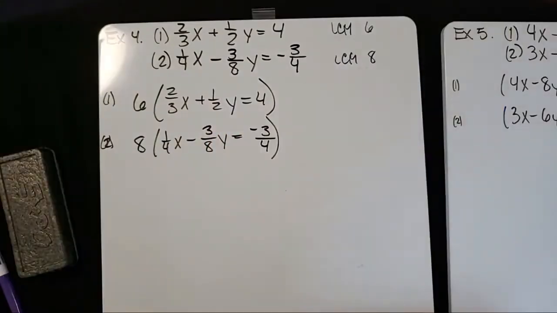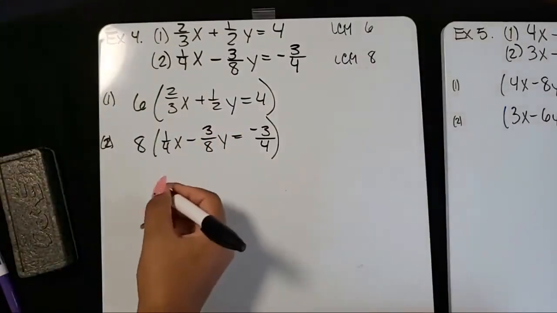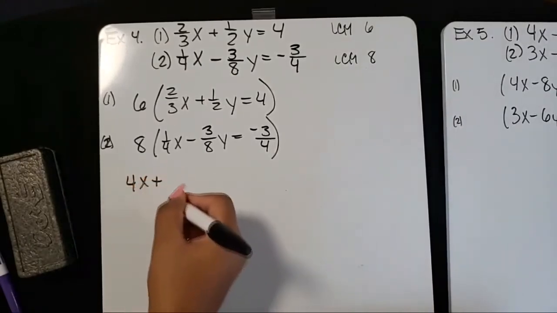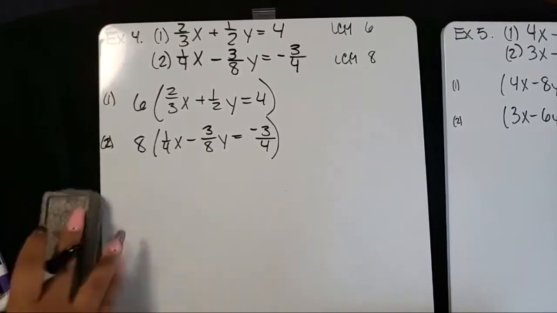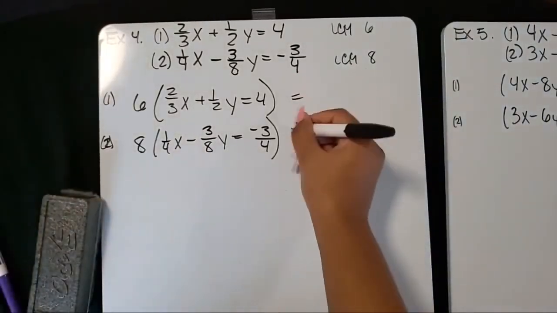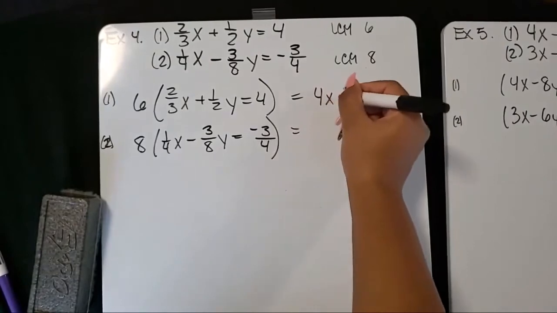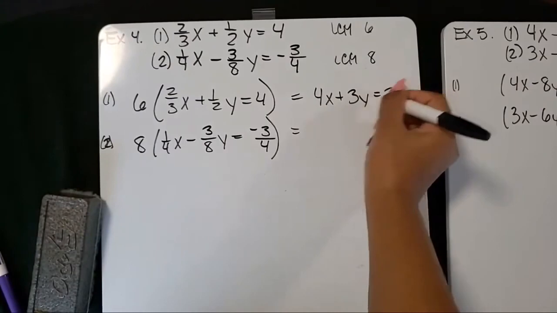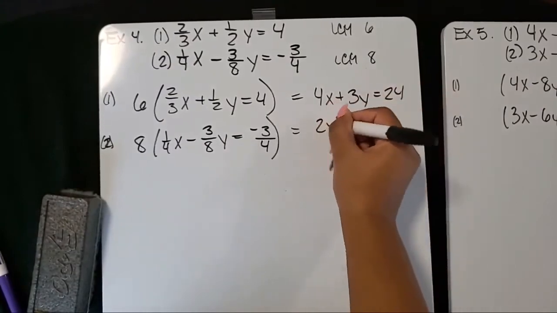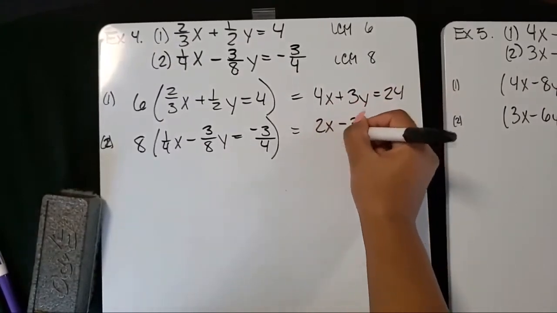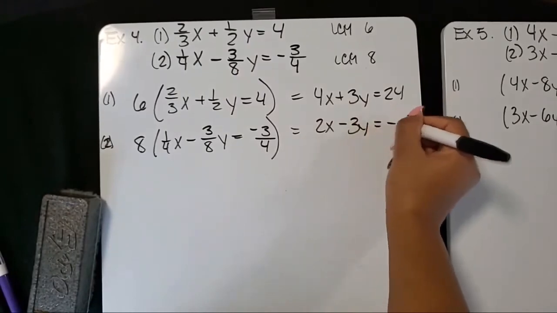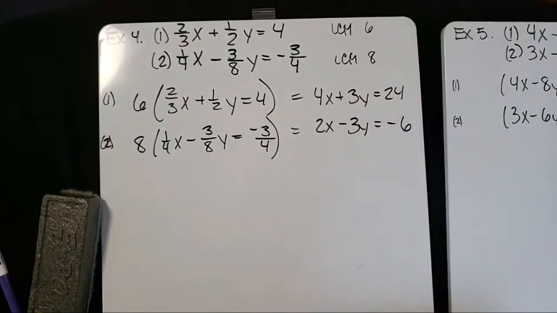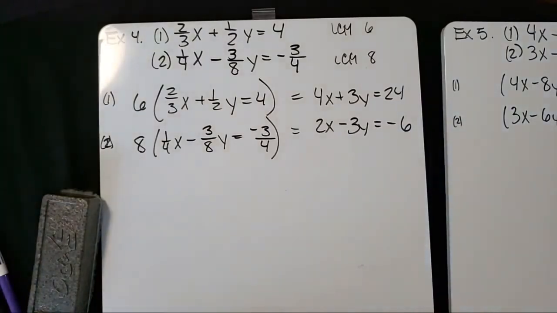For our first equation, we should have 4x plus 3y equals 24, and 2x minus 3y equals negative 6. Okay?